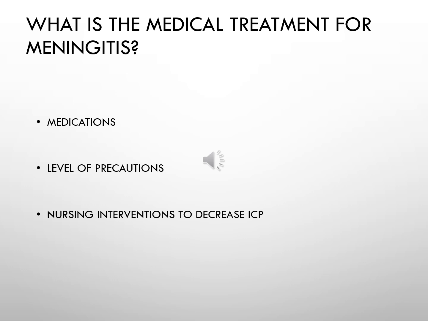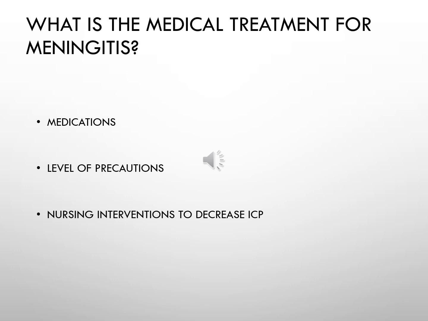So there's going to be five. Do you know what those five are? If not, I'd like for you to go and look at them. They're going to be getting antibiotics, they're going to be getting steroids, they're going to get Tylenol, and then they're also going to be getting IV fluids.